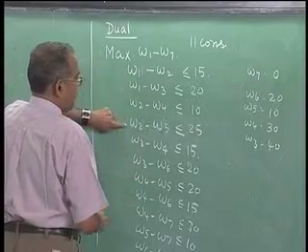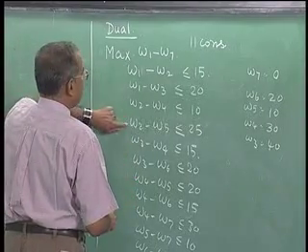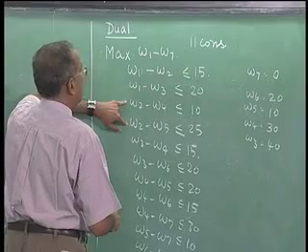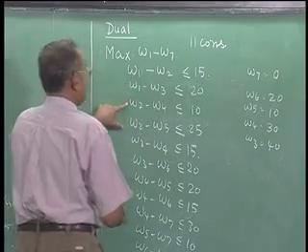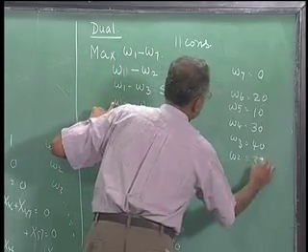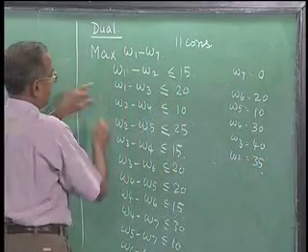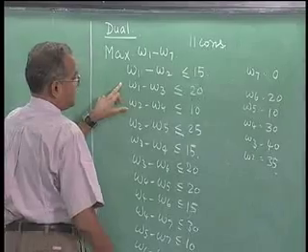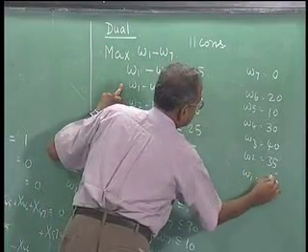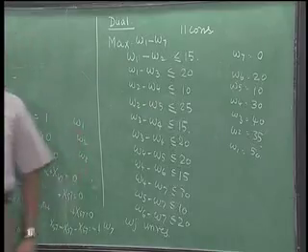Now, from here W2 minus W4 would give us 40, so this would give us W2 is equal to 35, and from here we have W1 less than or equal to 60, W1 less than or equal to 50. So, W1 is equal to 50.